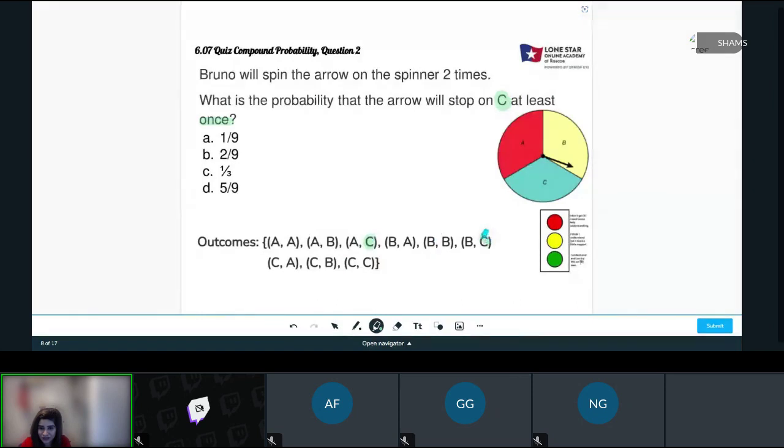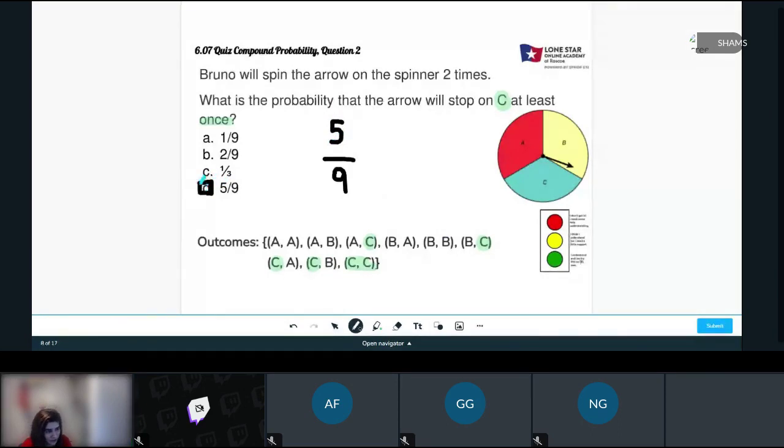At least once, we see here there's at least 1 C here, at least 1 C here, and 2 C's here. So out of the total 9 possibilities, we see at least 1 C in this 1, 2, 3, 4, 5. 5 out of the 9 times we see at least 1 C.